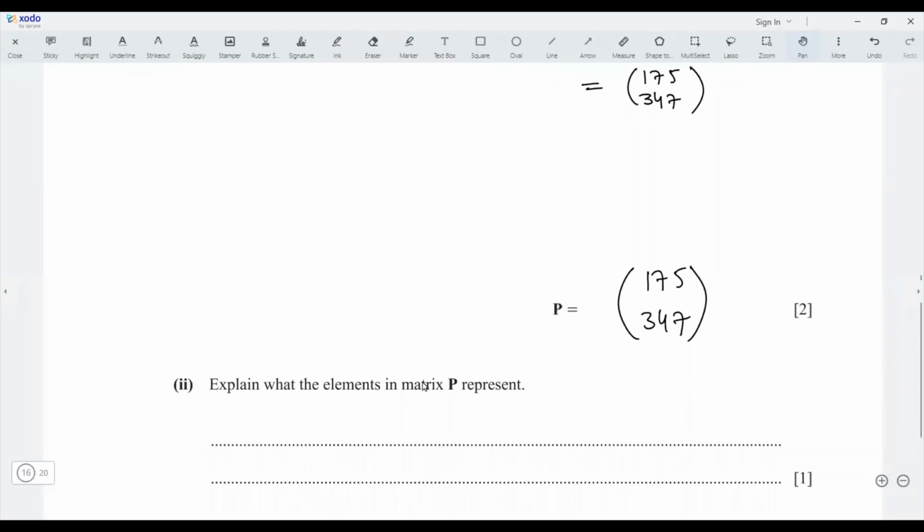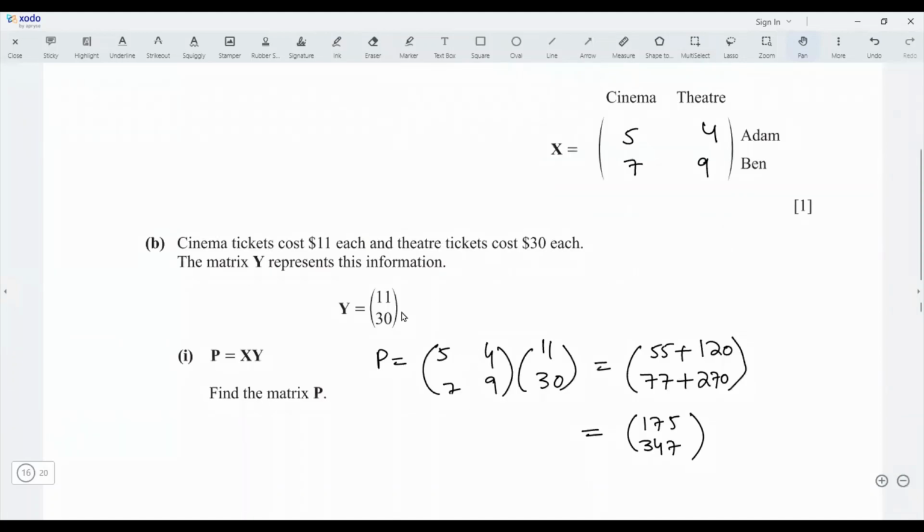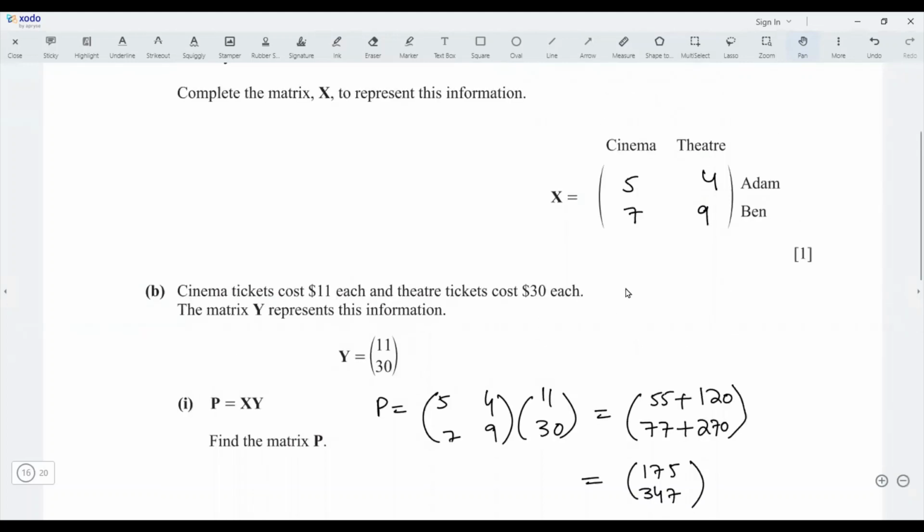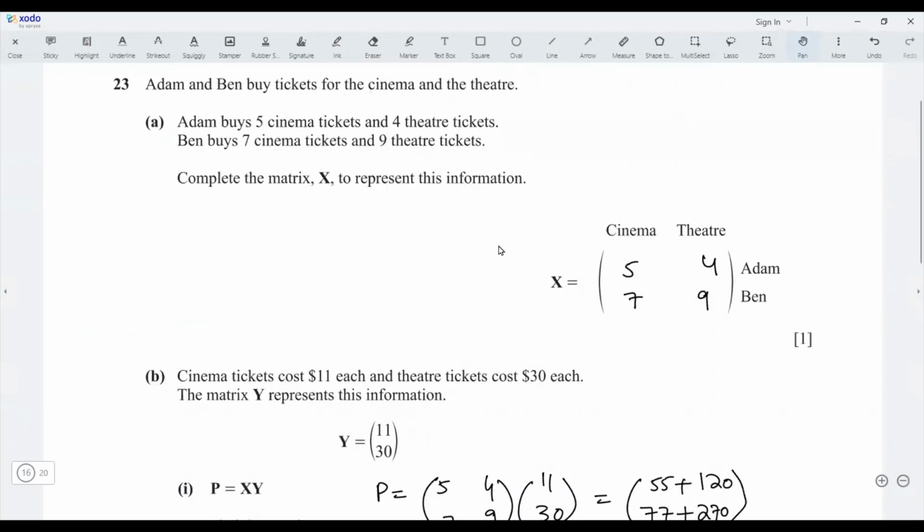Explain what the elements in matrix P represent. What does this mean? Actually, the cost matrix is basically Y. This is for cinema as well as for theater. So if we multiply the number of tickets with the cost, what does this mean?